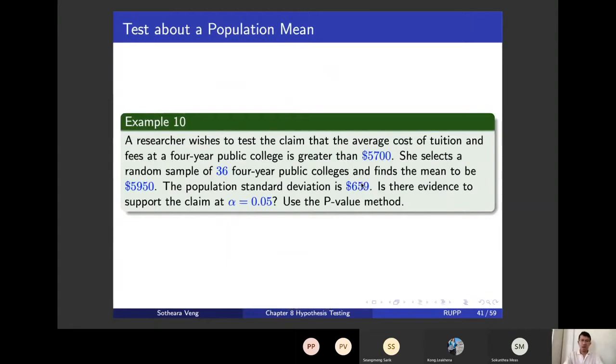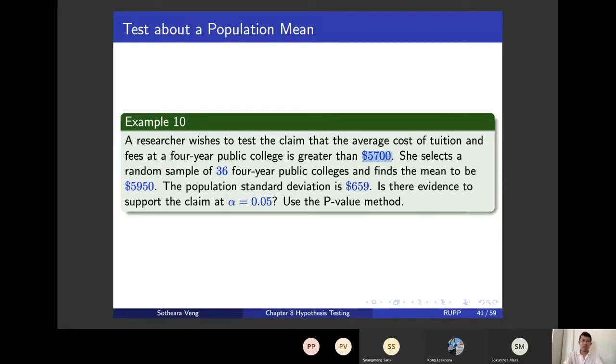Okay, so let's have a look at one example on how to use the p-value to decide on hypothesis testing. In this example, a researcher wishes to test a claim that the average cost of tuition fee at a 4-year public college is greater than this value.